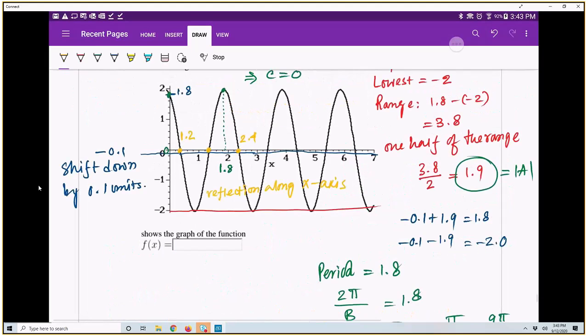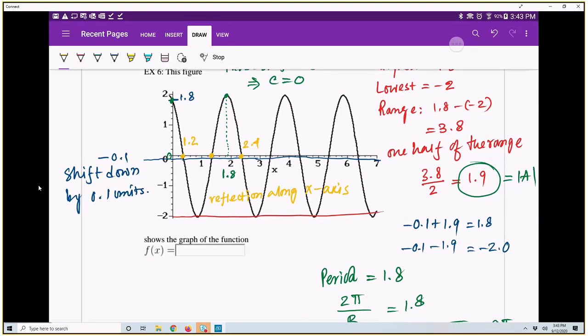Also, now you need to know the amplitude. If you have started at a 0, then you know that the highest value is 1.8 and the lowest value is -2. Just by the work that we have produced earlier, one can easily say that this function also has a vertical shift of -0.1 units.